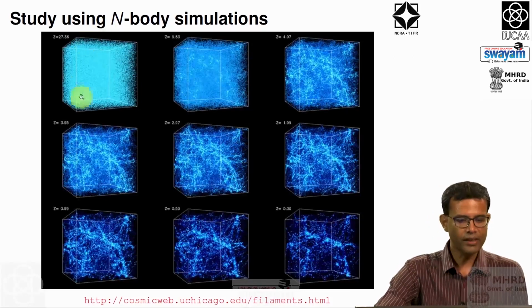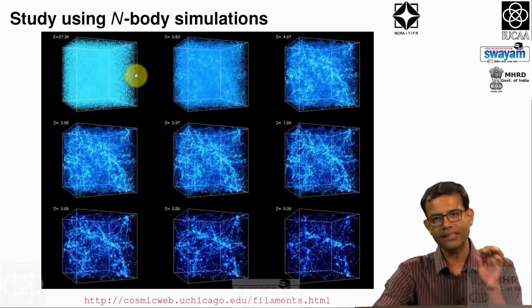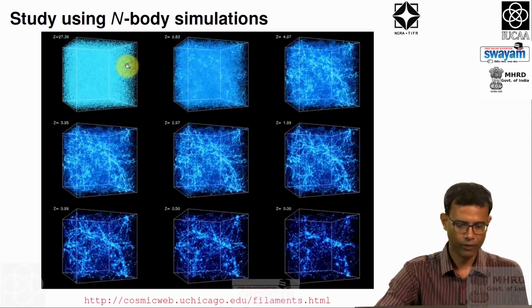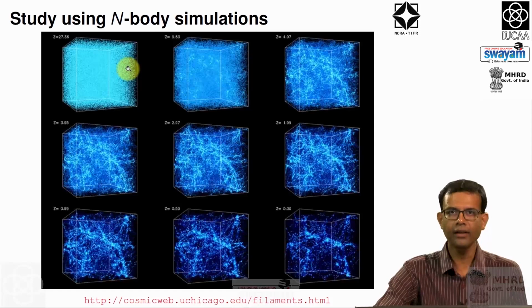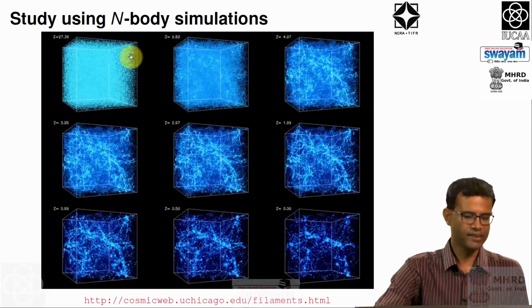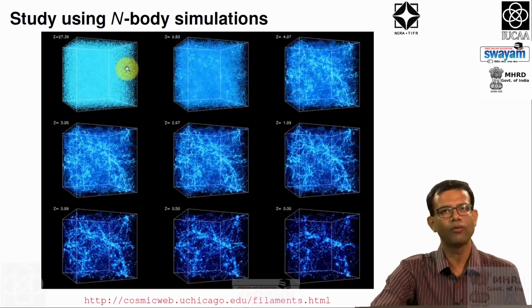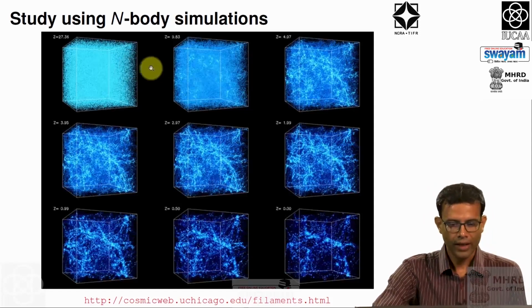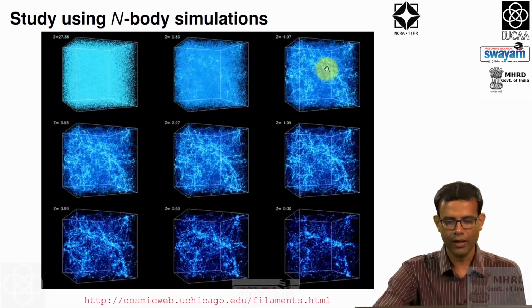So, you will start with a configuration which is more or less homogeneous, but with slight inhomogeneities put in. Again, initial conditions statistically consistent with, for example, the CMBR sky. Then you let the system evolve under gravity, and this is what will happen. You can see the system has started becoming more clustered, more patchy.